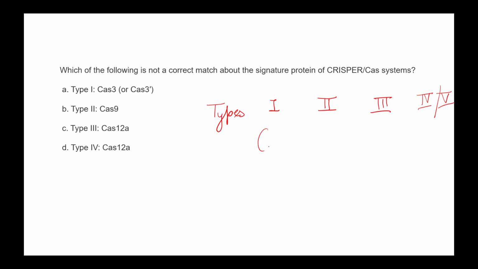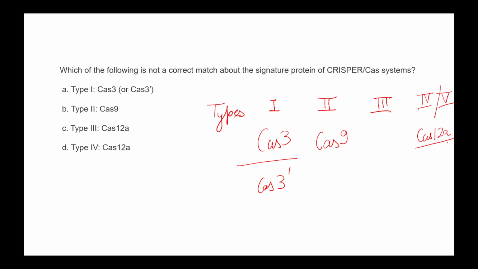But till now, you can say that type 1 will be Cas3 or Cas3 prime. Type 2 will be Cas9. I have to cross check it, but either it will be type 4 or type 5, and it will be Cas12a.